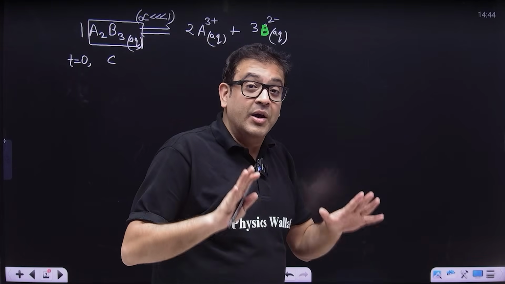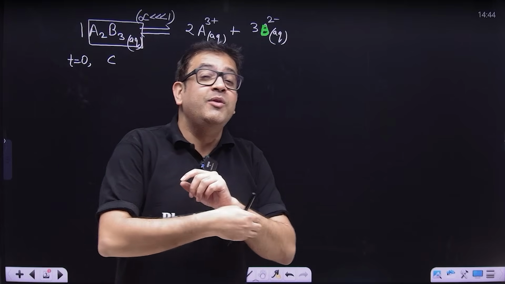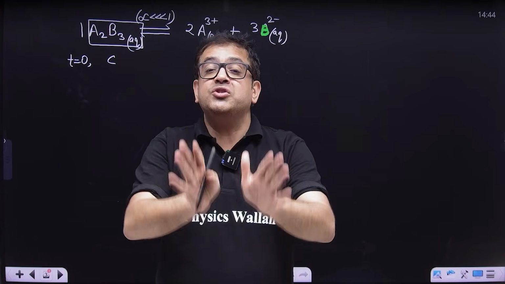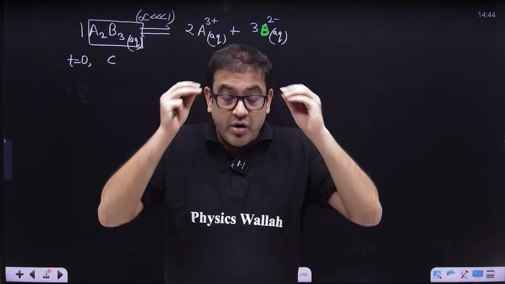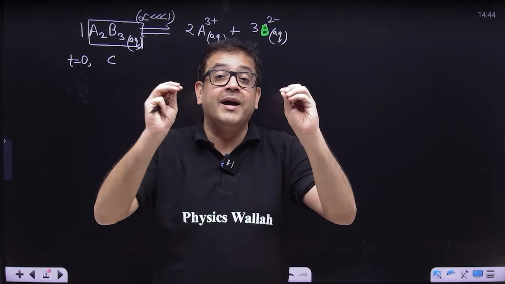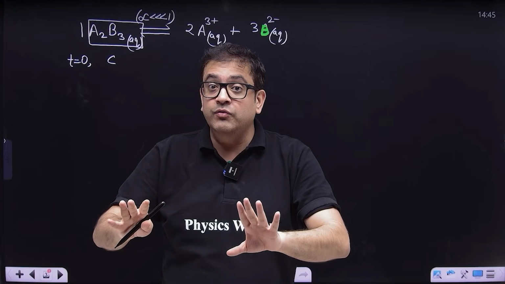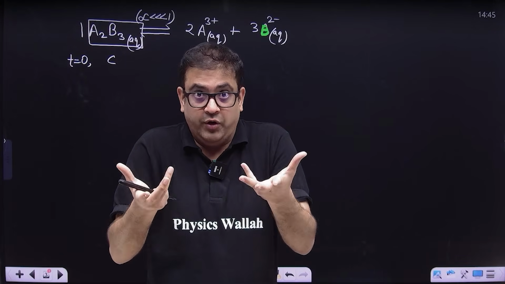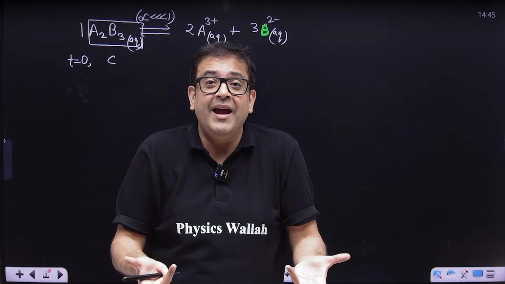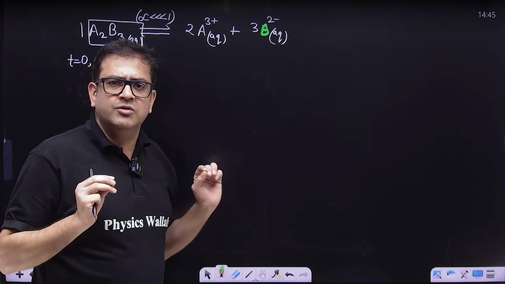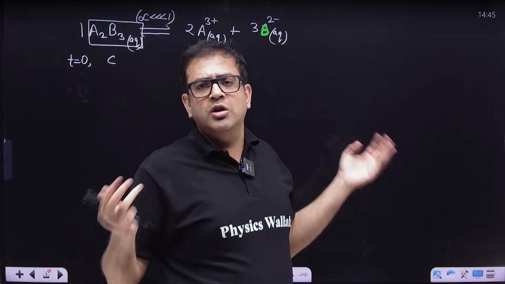So over here, what will be the value of the equilibrium constant K for such a reaction? Sir, it will be much lesser than, or of the order of 10 raised to power minus 3 or much lesser. But the question has not supplied you with the value of K. If it had, you would have understood that because K is very small, the reaction is just starting and reaching equilibrium.